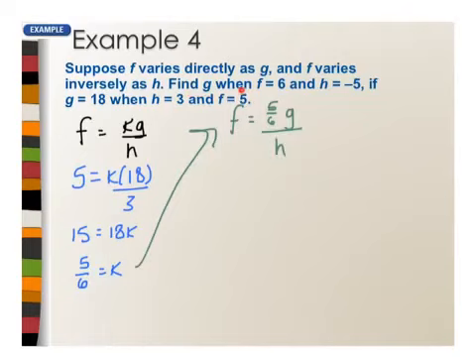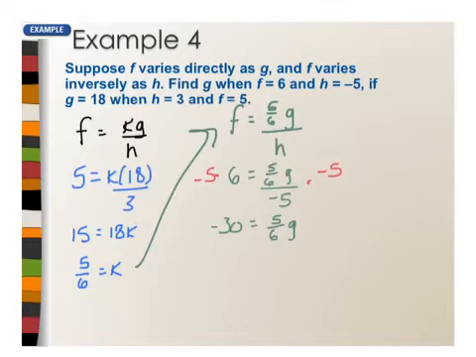Now let's go to what we're looking for. It says to find g when f is 6 and h is -5. So I'm just going to substitute. I'm going to have 6 as f, 5/6 times g, which is what I'm looking for, divided by h, which is -5. So I'm going to multiply both sides by -5. So I now have -30 is equal to 5/6 times g.